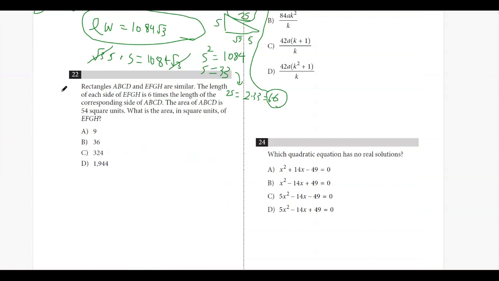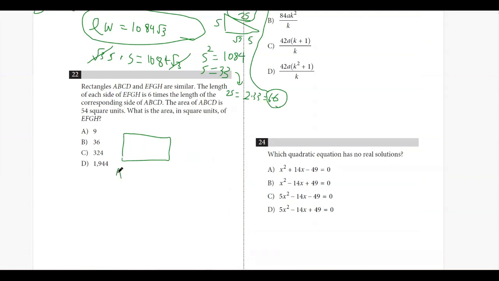Okay, question 22. Rectangles ABCD and EFGH are similar. The length of each side of EFGH is 6 times the length of the corresponding side of ABCD. The area of ABCD is 54 square units. What is the area in square units of EFGH? Let's go ahead and draw it out.